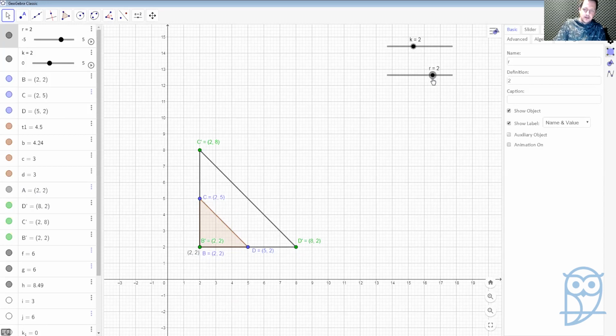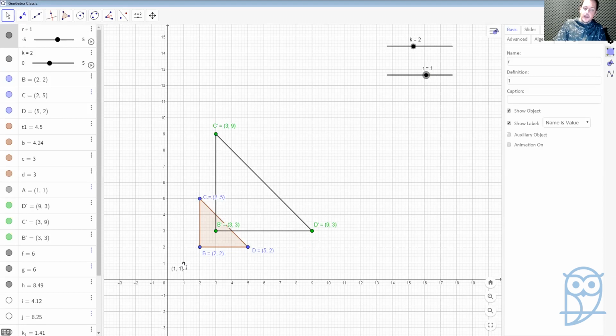All right, I'm now going to move my center of enlargement away. Now look what's happened to my triangle. My triangle is now no longer on my brown triangle. It seems to be shifted off of it. Why? Well, we need to use the definition that I gave you.